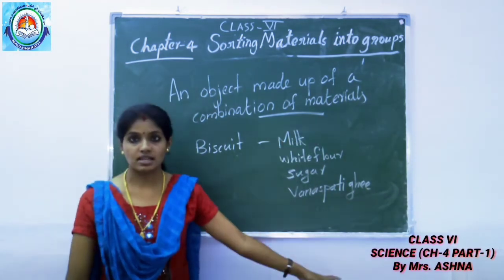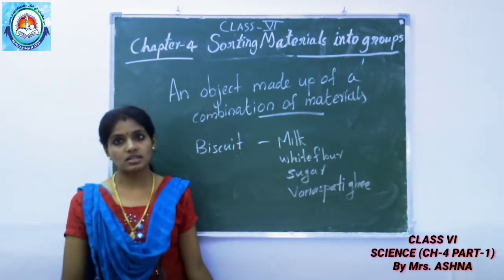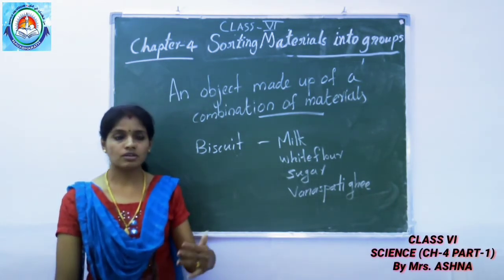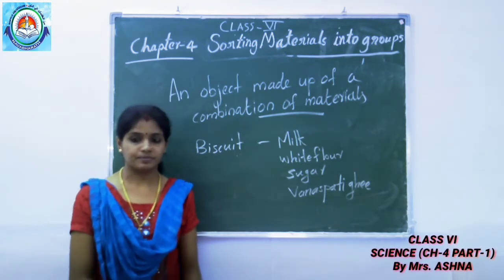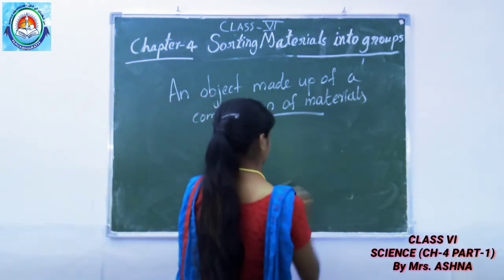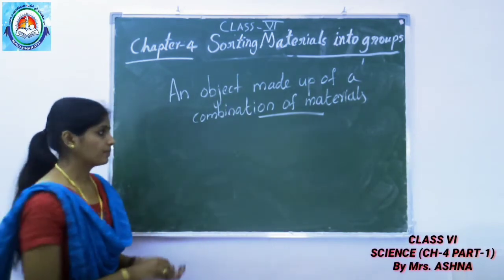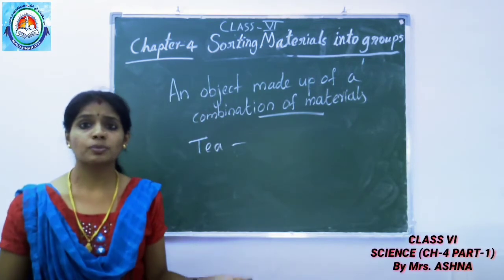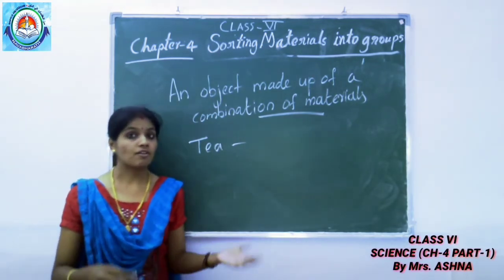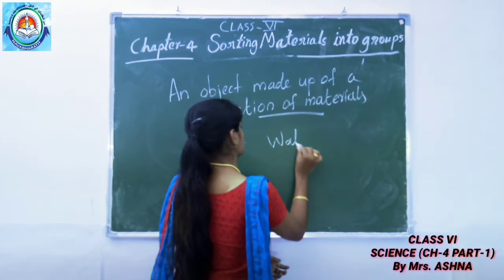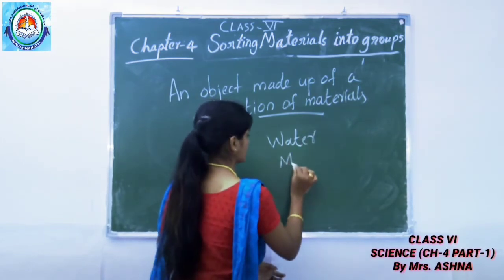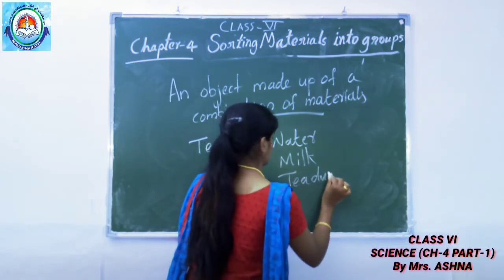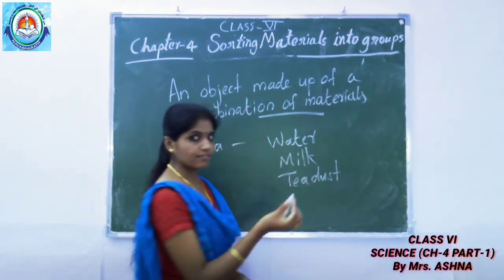Okay. Next, another example is tea. What are the things needed to prepare tea? Yes, water, milk, tea dust, or tea leaf, then sugar.